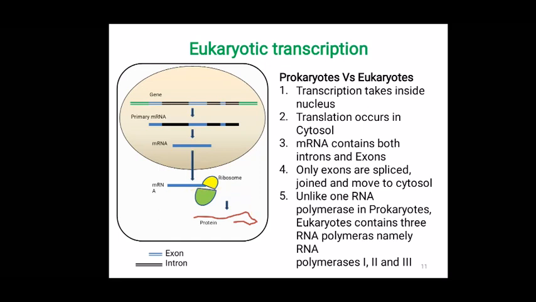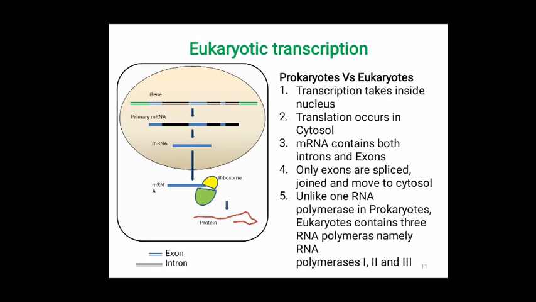Now we will see some major unique characteristics of eukaryotes that differ from the prokaryotic system. In eukaryotes, transcription takes place inside the nucleus and translation occurs in the cytosol, whereas prokaryotes have no nucleus, and both transcription and translation occur in the protoplasm.